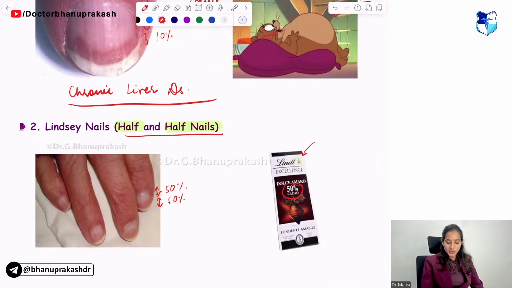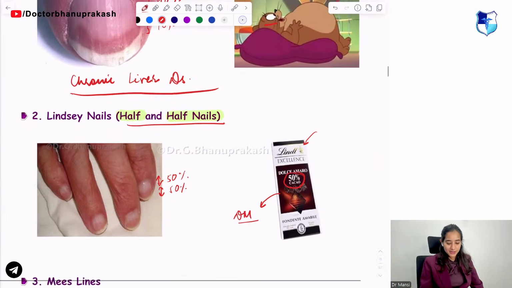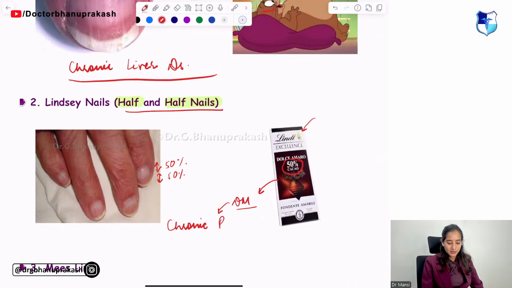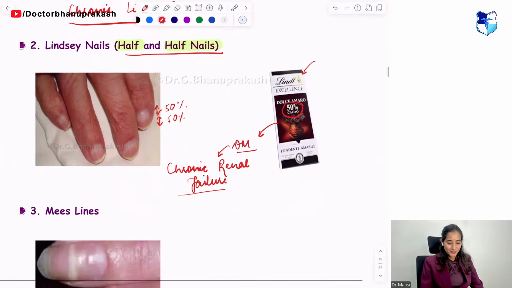So you eat chocolate, then you eat sugars. That means you get diabetes. You don't actually get diabetes, but that is just for your mnemonic. So that is going to make your kidneys fail. So patients of chronic renal failure are going to present with such kind of nails, which is your Lindsay nail. Again, I'm telling you, it's not going to give you diabetes. It's just for your mnemonic.